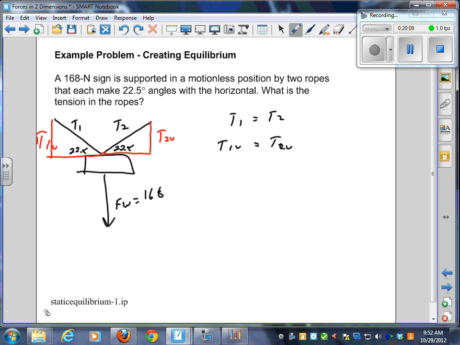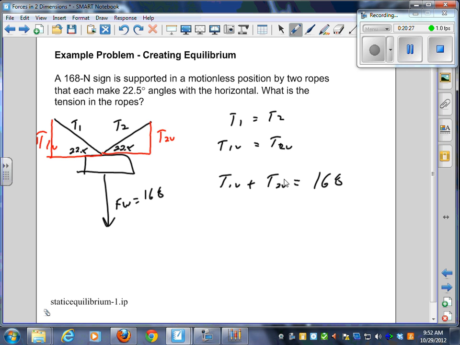And T1V plus T2V have to equal a total of what? A numerical value. They have to equal 168. The sum of these two vertical components must equal 168.